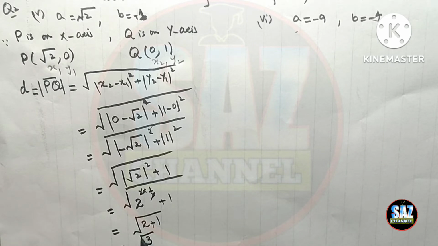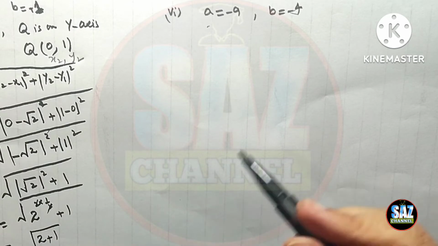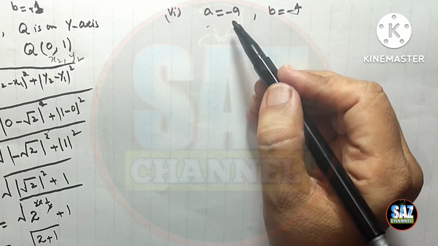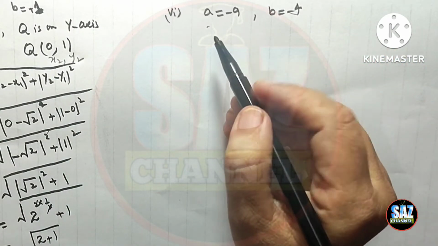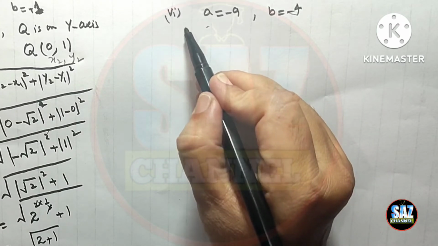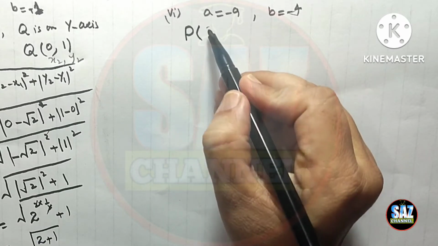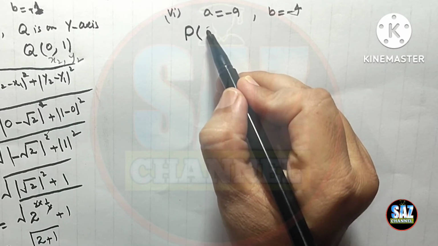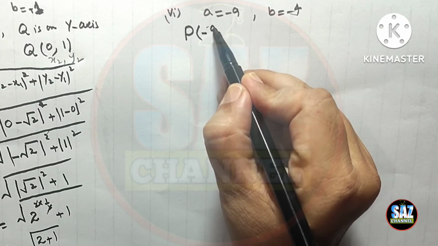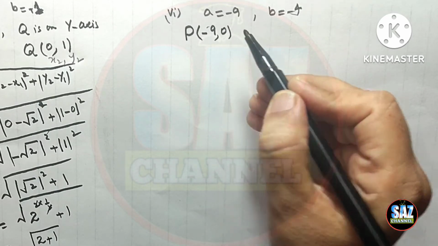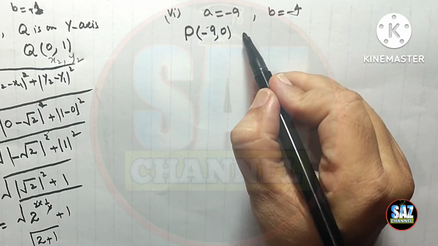Moving to the last part, and in the last part A has a value minus 9 and B has a value minus 4. Recall, A is the value of P, and P is on which axis? X-axis. So P will take the form P minus 9 and 0, because the point is on x-axis.